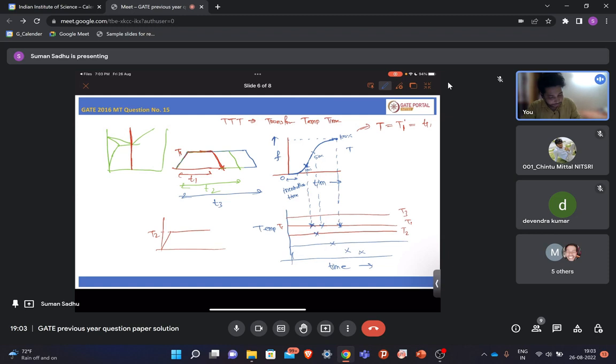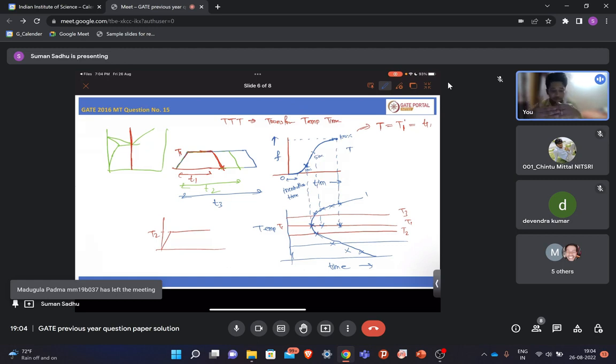And if you go to a high temperature, then also there will be a nucleation barrier. For this also this will vary. So we'll get this C type of thing. It will be C type because it is controlled by both nucleation and growth, right?